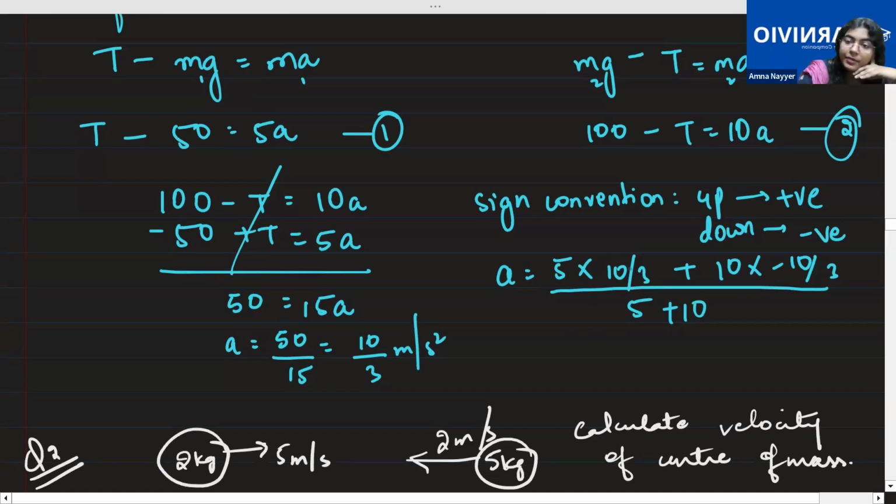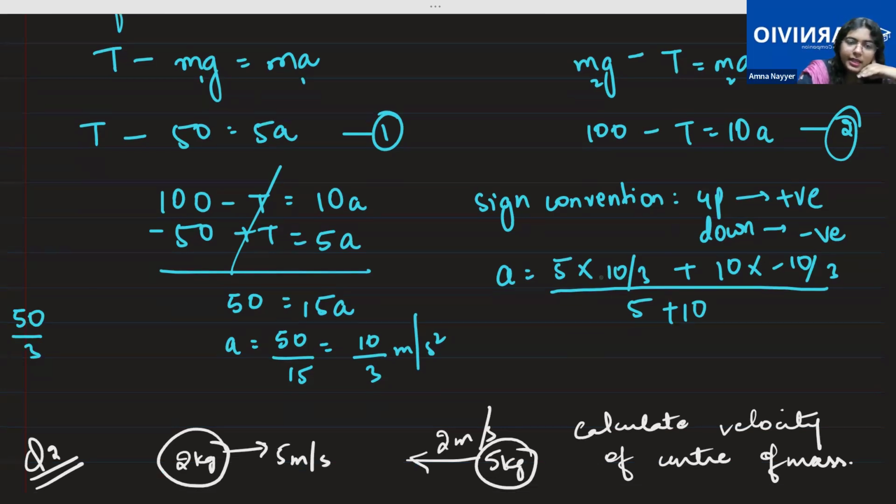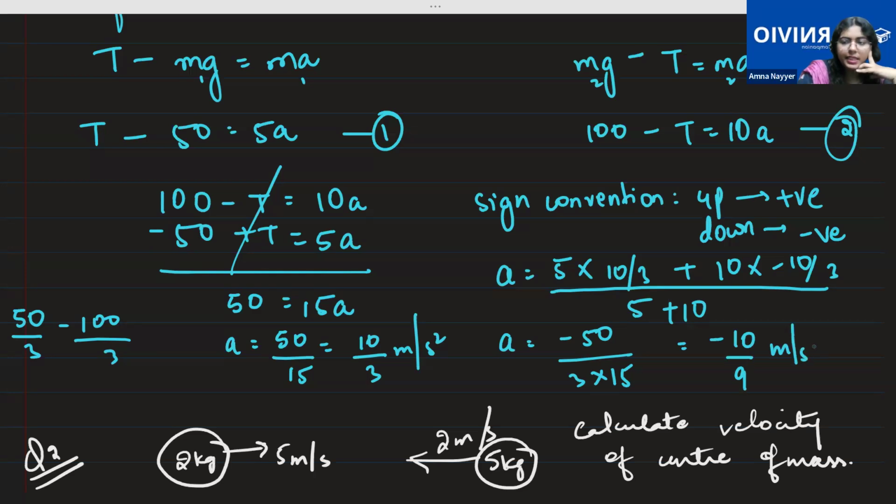This part will be 50 by 3, while this will be minus 100 by 3. 50 by 3 minus 100 by 3 makes it minus 50 by 3, divided by 15. So 50 by 3 over 15 becomes minus 10 by 9 meter per second square.